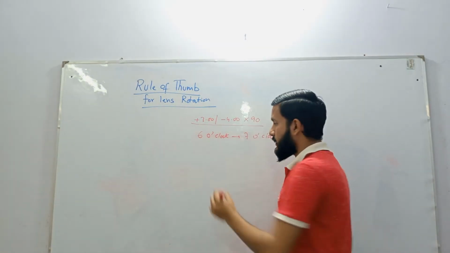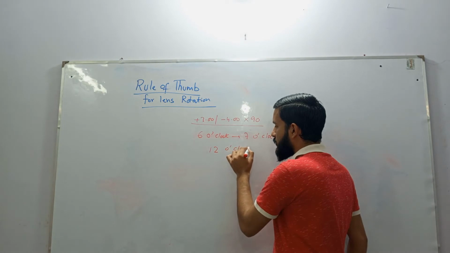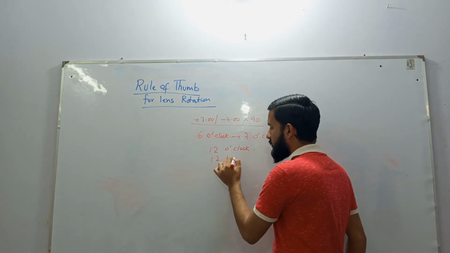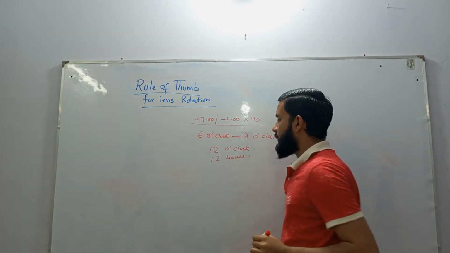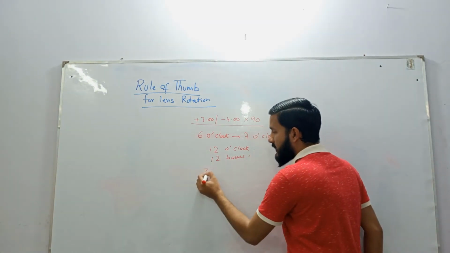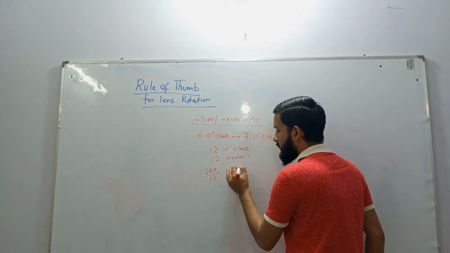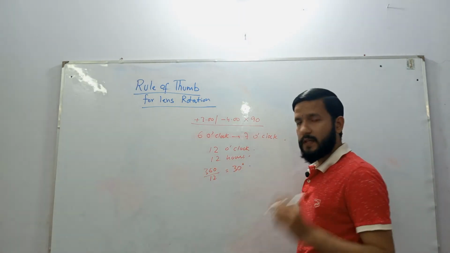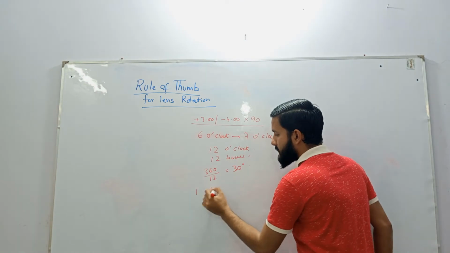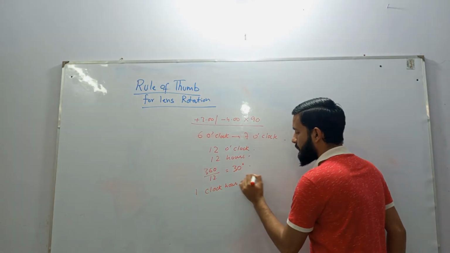We know that there are 12 hours in the clock, and the rotation is 360. So if I divide 360 by 12, I will get 30 degree. It means that 1 clock hour is equal to 30 degree.